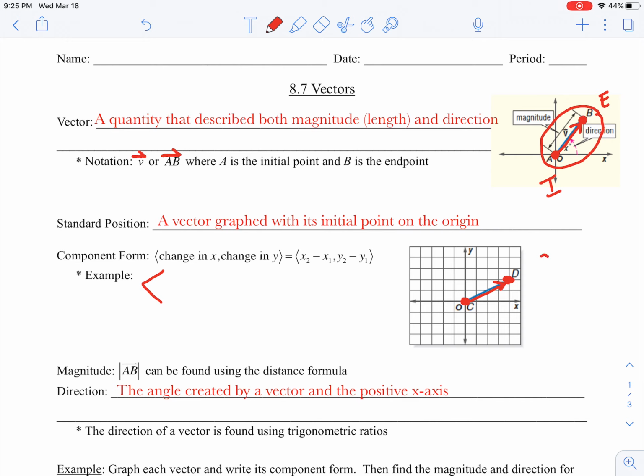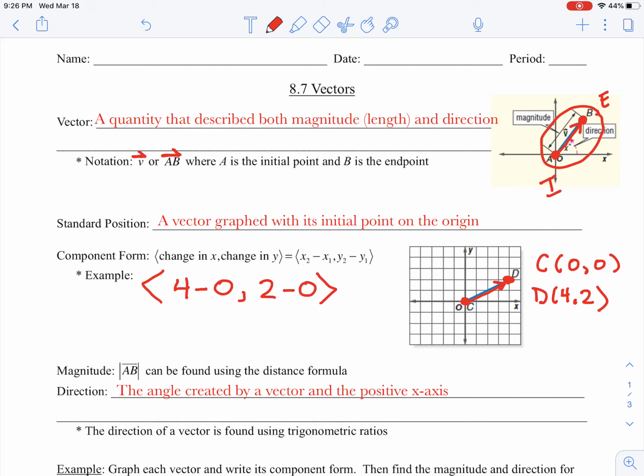On our graph here, point C, of course, is at the origin, 0, 0, and point D is located at 4, 2. To write this vector in component form, we'll subtract the x-coordinate from the terminal, the end point, which is 4, minus the x-coordinate from the initial point, 0, and then the same for the y-coordinates, 2 minus 0.